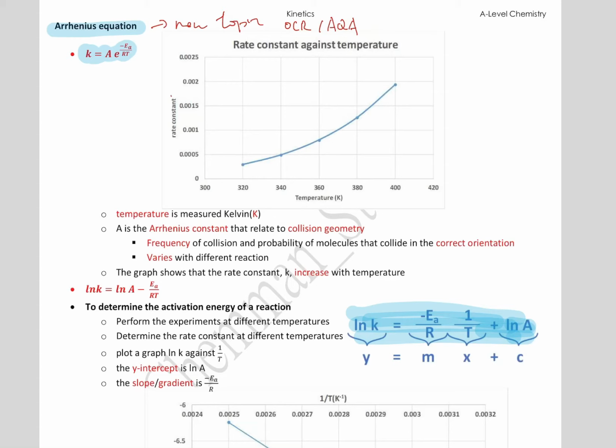Scientists have already created a graph for rate constant and temperature. Obviously, increasing temperature gives you an increasing rate constant. That's why the rate will increase. From what we learned in kinetic theory, an increase in temperature gives more successful and frequent collisions, and more particles have energy bigger than Ea.